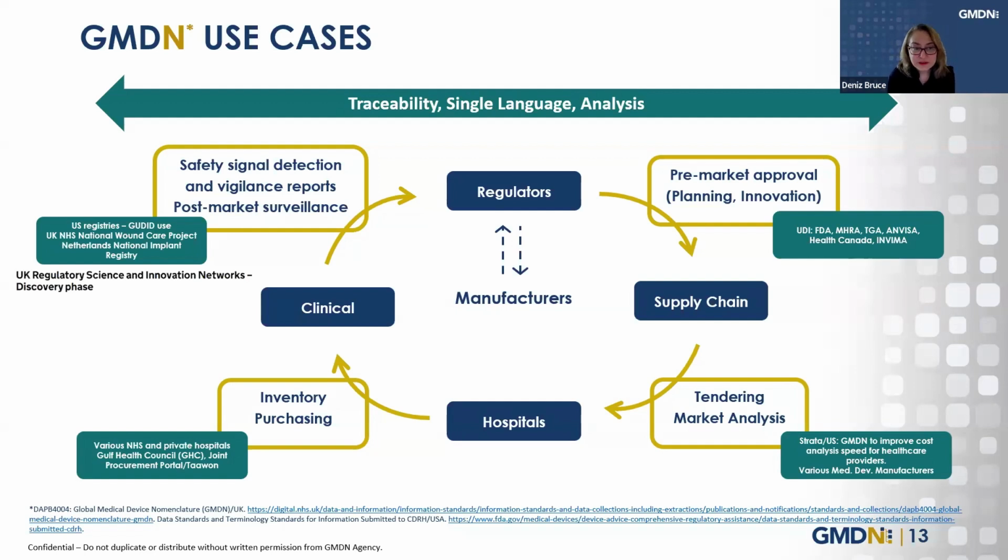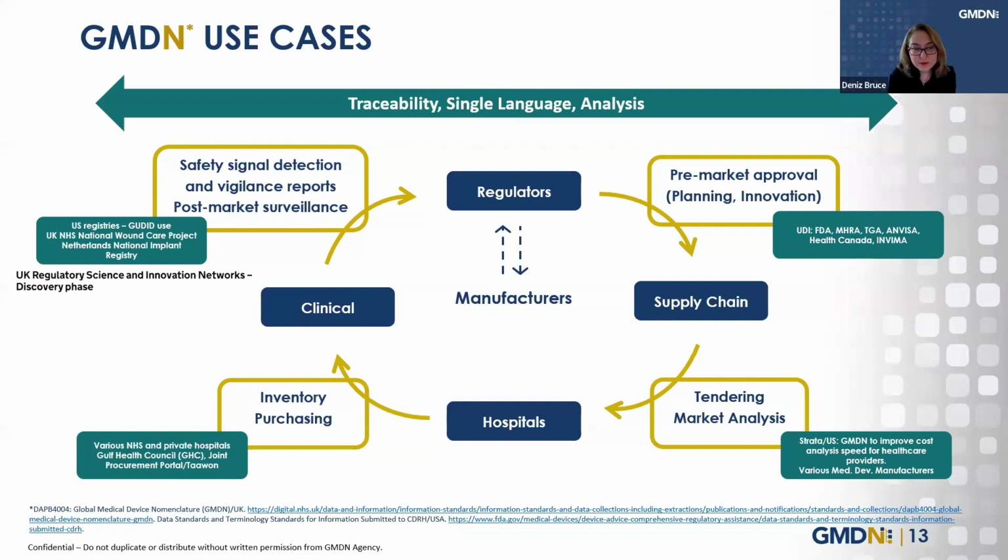Looking at safety signal detection, the registries are at the heart of it. There are US registries where GUDID is referred to and used. We can also give examples such as the UK NHS National Wound Care Project, which I think recently had a meeting, and I think the recording is available on YouTube.